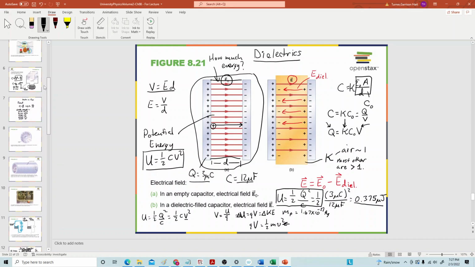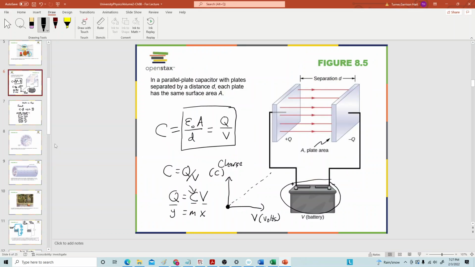But in a true parallel plate capacitor, they have some area to them.